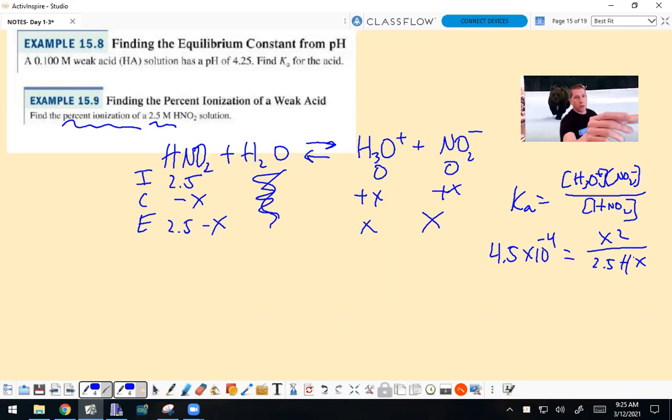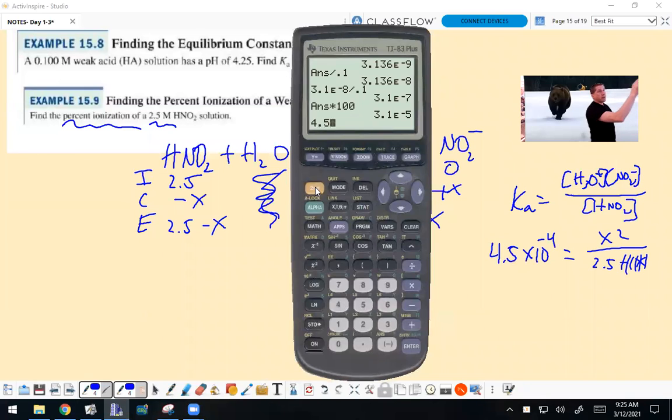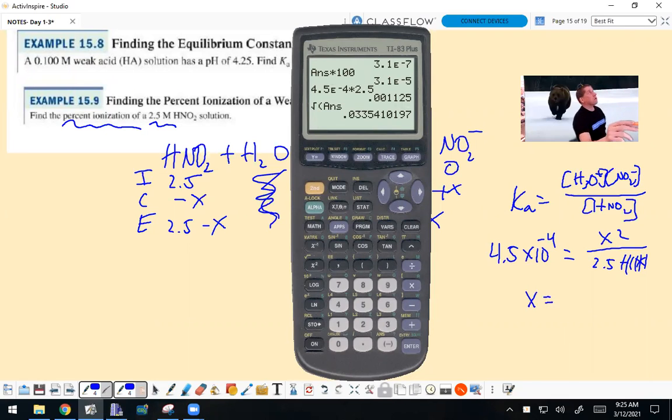Now we're going to ignore the minus x, again, to save our math time, because otherwise we got to solve the quadratic. Got to factor it. So that equals x squared, and now we got to take the square root, and we get x equals 0.034. I'll keep both of those.